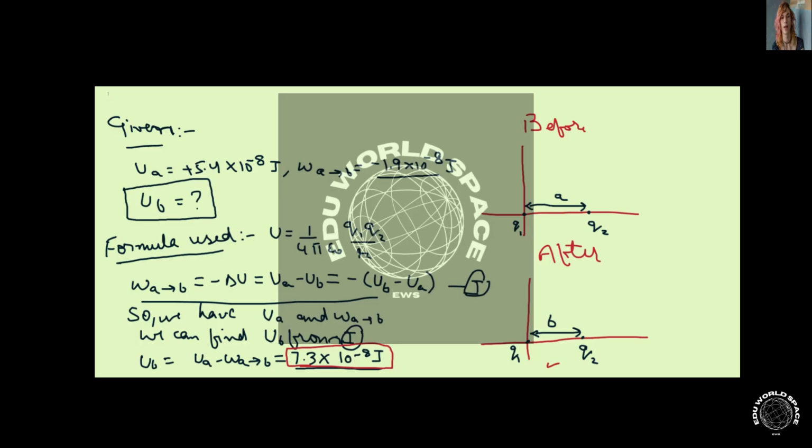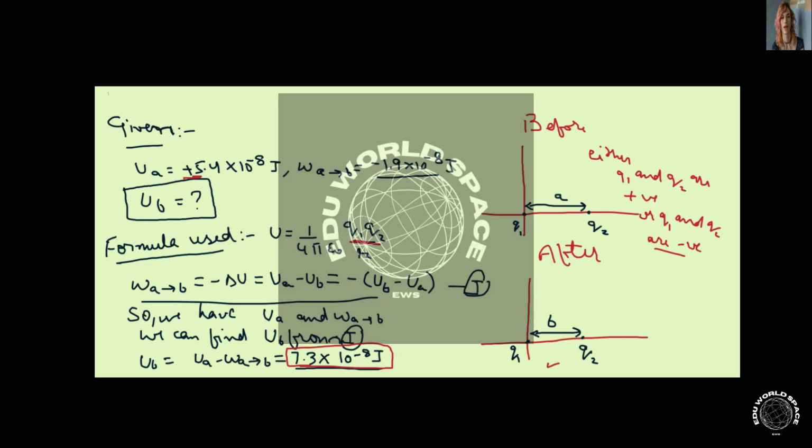One more thing we can comment on. When UA is given as positive, that means Q1 times Q2 has to be a positive number. So either Q1 and Q2 are both positive, or Q1 and Q2 are both negative.